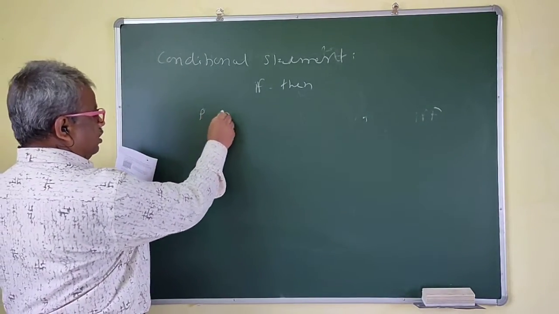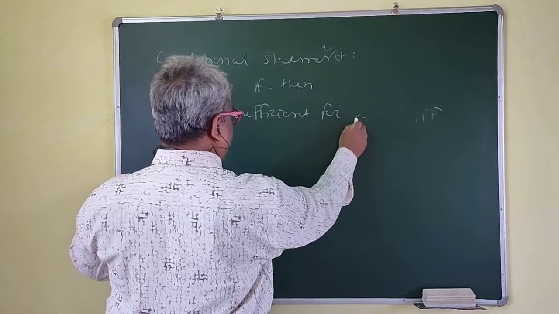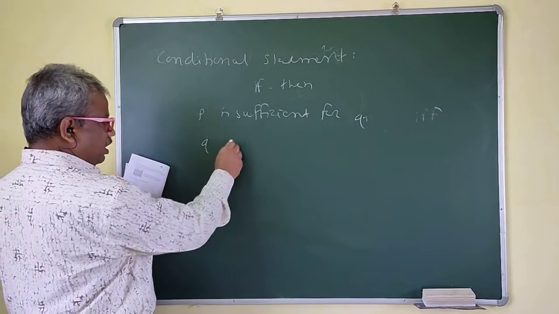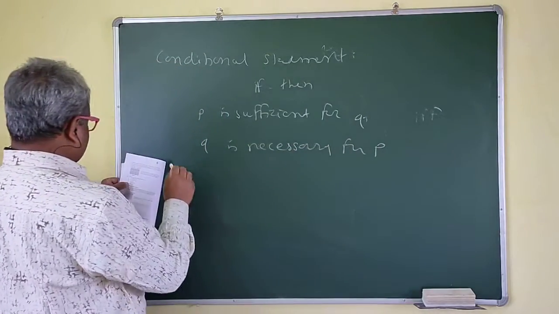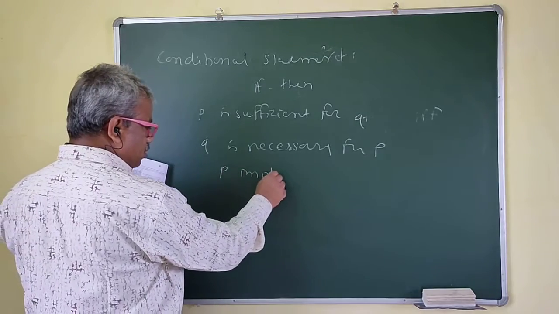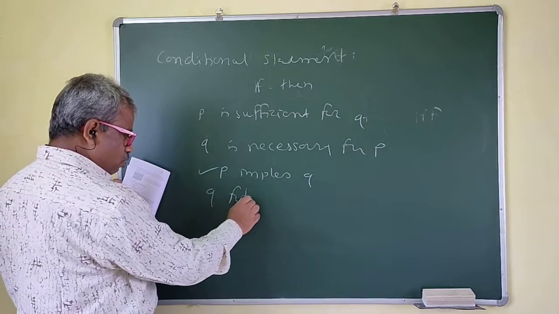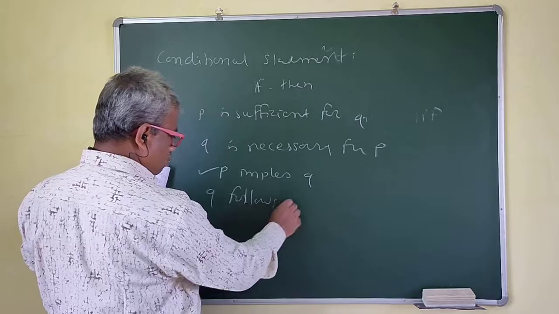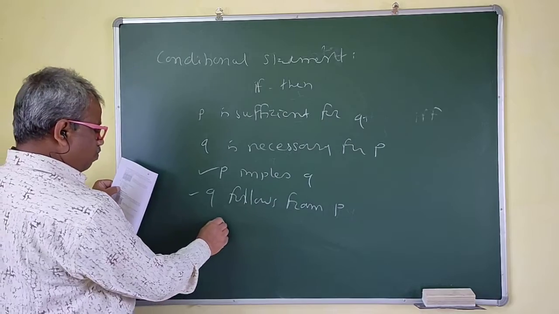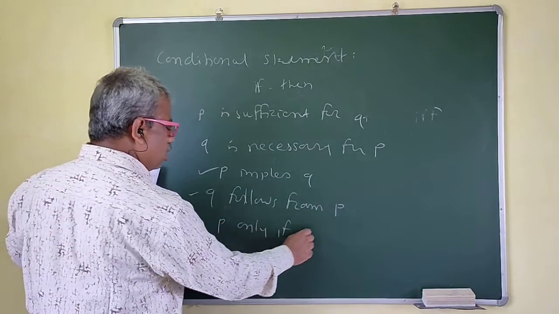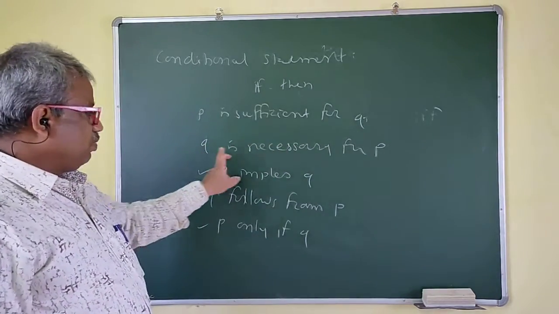First, P is sufficient for Q. Q is necessary for P. P implies Q. So we are familiar with this. Q follows from P. This is also obvious actually. P only if Q. This is also easy. So you have to remember this: P is sufficient for Q and Q is necessary for P.